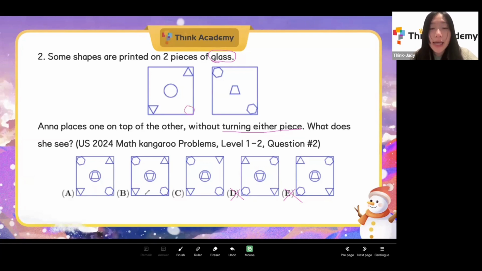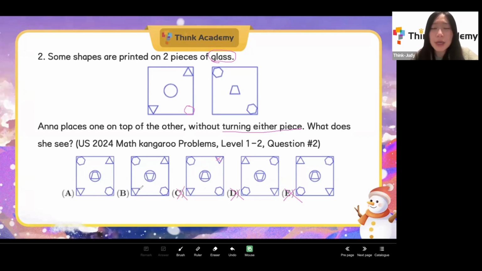So let's check A, B, C. All of them work, right? Then we move on to the next one, which will be the triangle. For this triangle, which direction is it pointing? Top. So A is okay? Yes. B? Yes. How about C? No, the wrong direction, right? So we observe very clearly all the details here, and it's not okay.